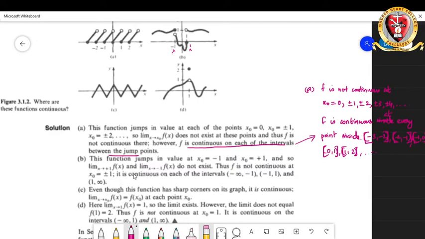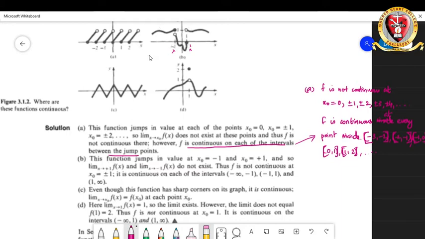We can also add that the function is continuous on each of the intervals: the open interval -∞ to -1, the open interval -1 to 1, and the open interval 1 to infinity. So the parts of the function are continuous. This part is continuous, this part is continuous, and this part is continuous.